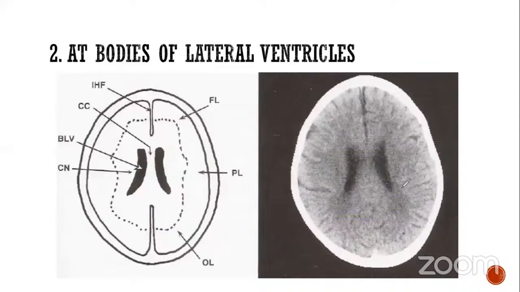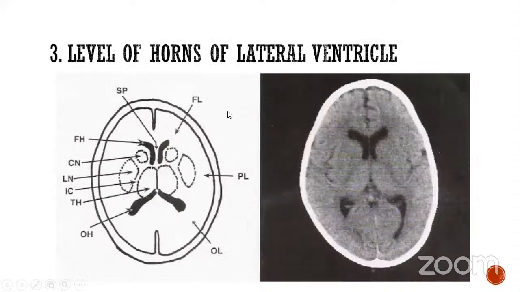Next. It is the horns of the lateral ventricle. This section demonstrates the frontal and occipital horns of the lateral ventricle, thalamus, basal ganglia, and internal capsule.